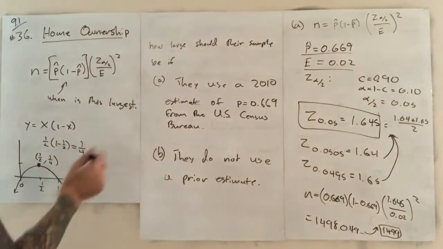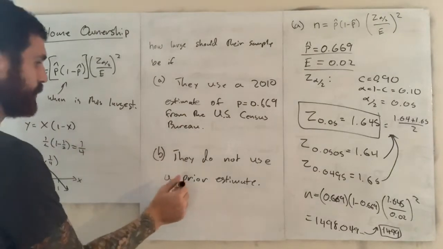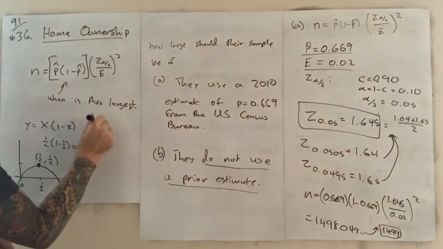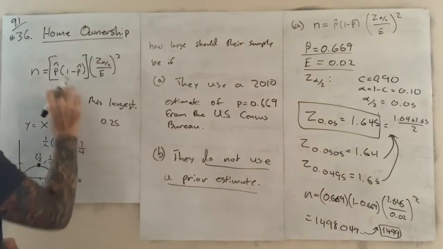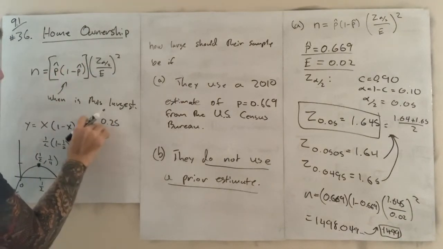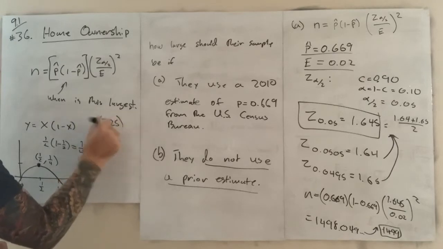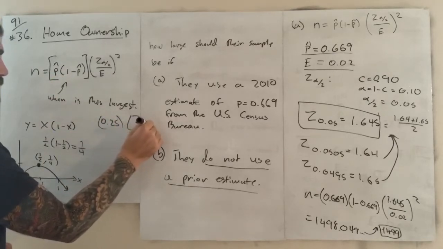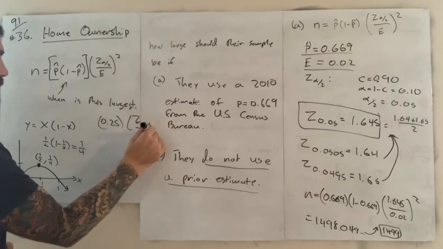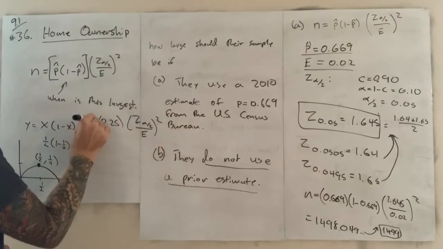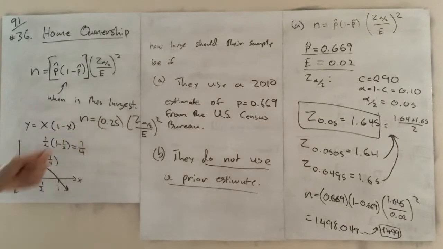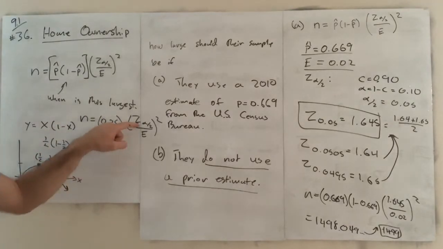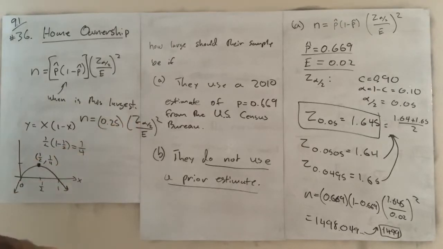That's why they say if you don't have a prior estimate, just use 25% or 0.25 for this thing here. Because what this is going to do is give you the largest n once you've already fixed your confidence and your error.